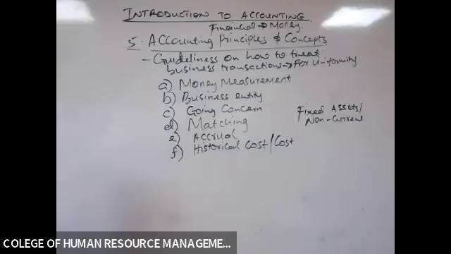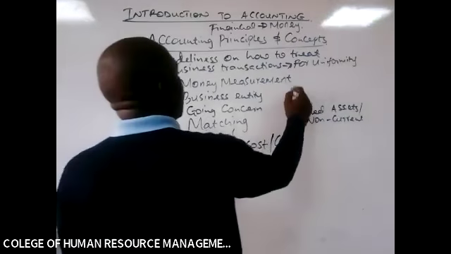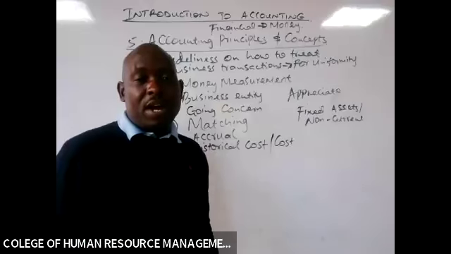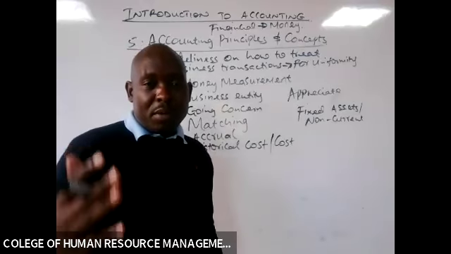Excuse me, Paulino. Yes? How about assets that increase in value, like land? Yes, those ones, they say they appreciate. It is true, Maureen, that we have assets that, instead of depreciating, appreciate in value. A good example is land and buildings.